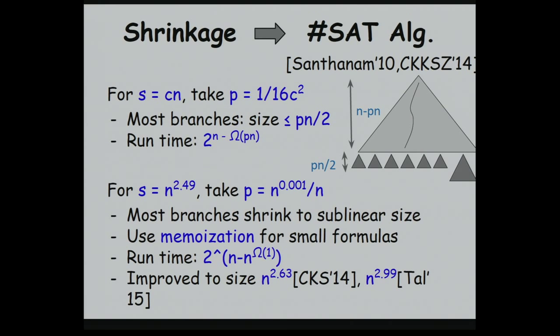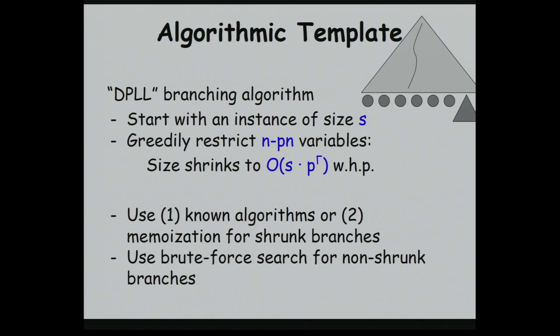Okay. So let's step back and look at this algorithm. It's actually very simple. It's like a DPLL-style branching algorithm, except for the memoization part. So at the high level, we start with an instance of size s, and then I want to do graded restriction to shrink the instance size by this factor p to gamma. So I just need this to happen with high probability.